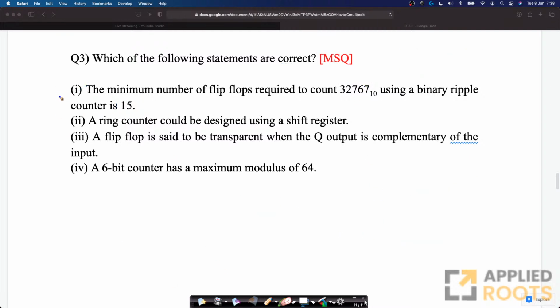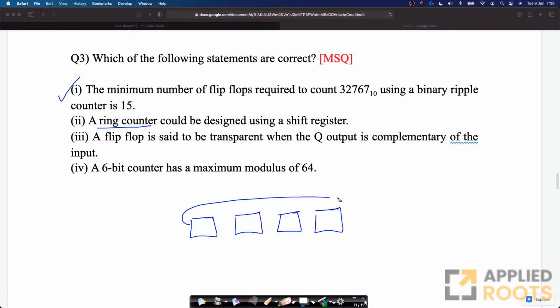Very simple. Now the second one says a ring counter. Those of you who may not know, a ring counter has this ring-like structure. Suppose I have some flip-flops here, with this sort of structure. That's what a ring counter is. It says a ring counter could be designed using a shift register. What is a shift register? Let's assume you have a D flip-flop here. A shift register basically means whatever is the input in this bit will be shifted to the next bit.